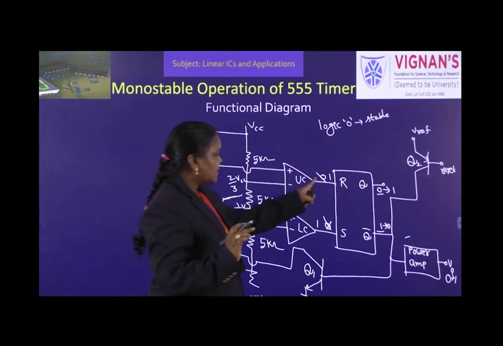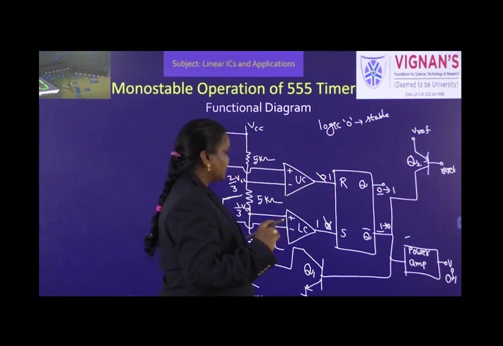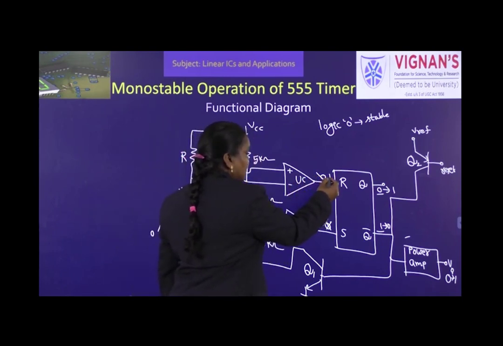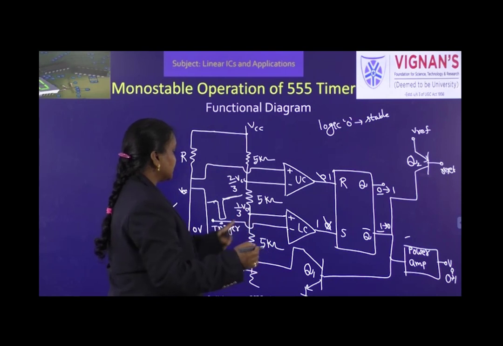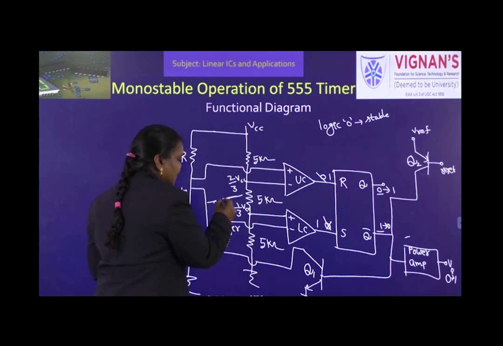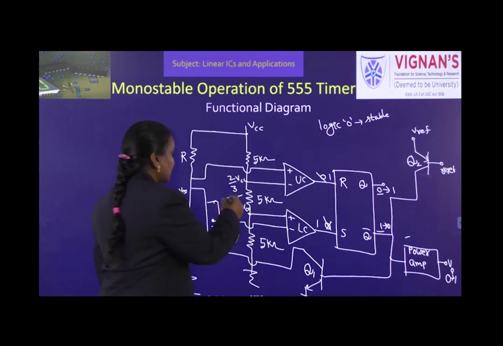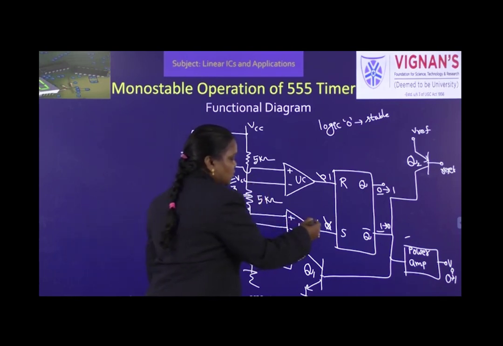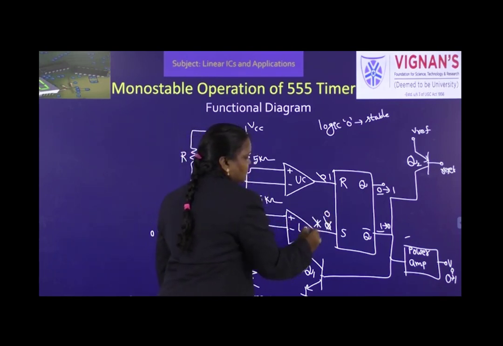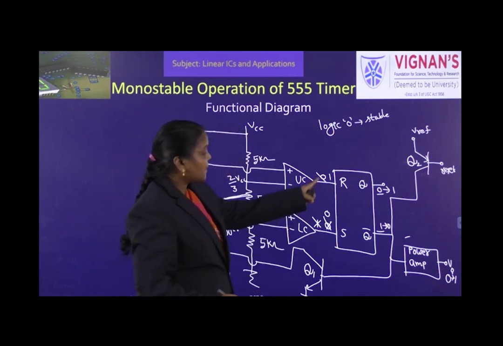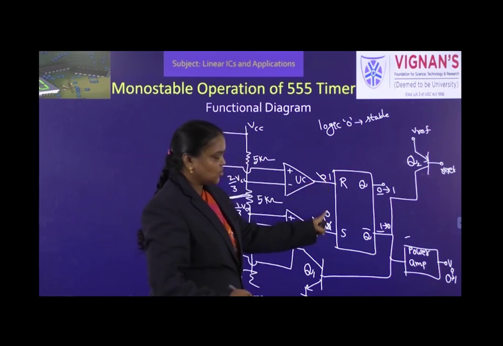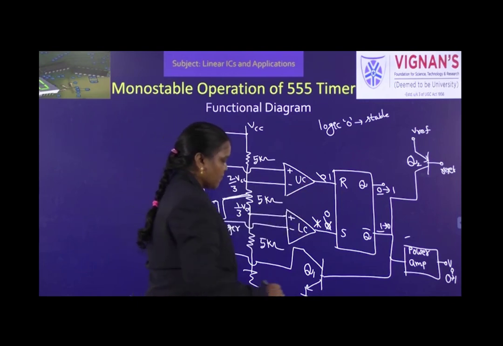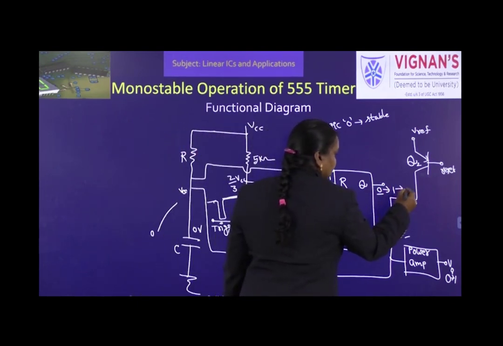Right? So then this output becomes 1. Only one trigger pulse at that time instant we have given, and the remaining time it will be at high. So it will be 0. So this is 1, this is 0. So it resets the flip-flop.